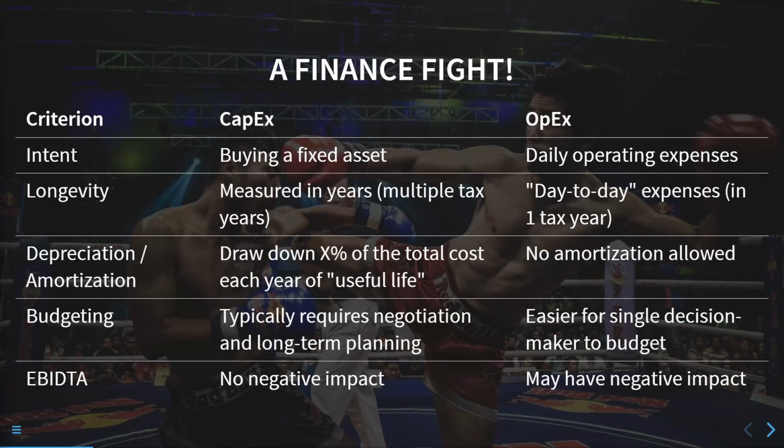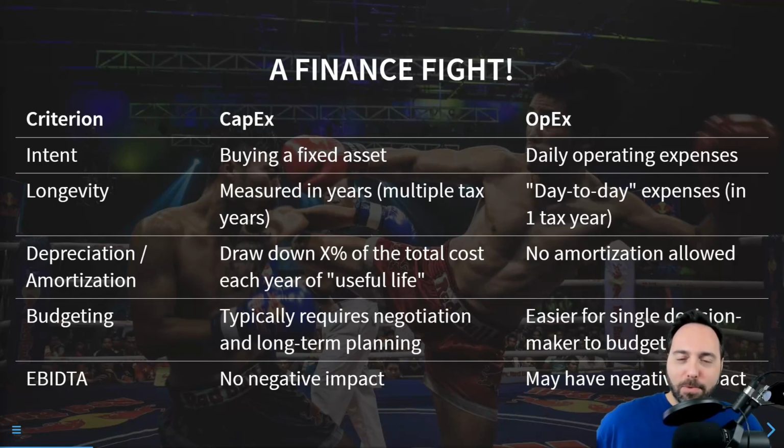EBITDA is basically what companies use when they're not profitable and they want to have some measure that makes it look like they're profitable. So EBITDA is a fancy way of saying, well, it's not profit because we're taking out all these things from the bad side, the expenditure side. But if you take out all those things, we look pretty good.